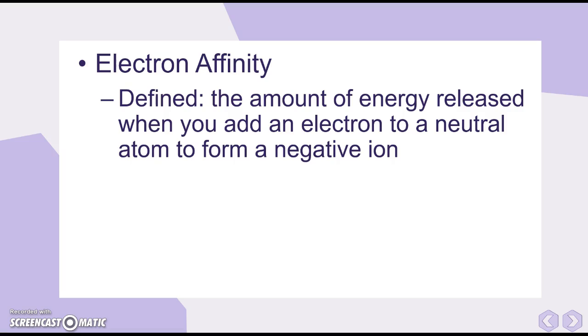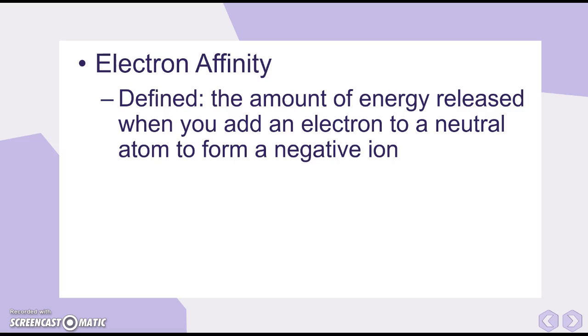So there's a trend and a pattern that falls out from this. There are some atoms that have a high tendency to attract another electron. They like to attract another electron. And there are some atoms that don't like to attract electrons, and it's very difficult to add an electron to them. So if you wanted to boil this down, we're dealing with the likelihood that an atom is going to gain an electron.